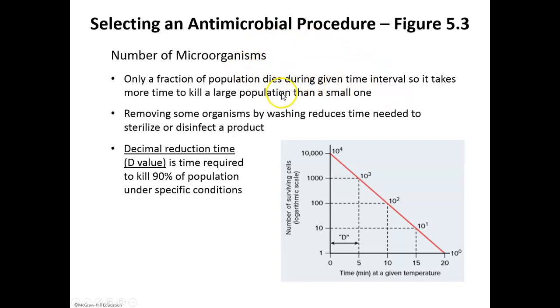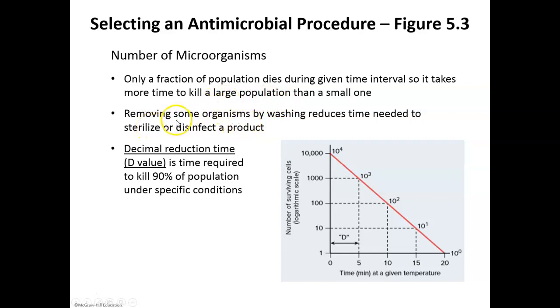So when we're looking at the types of microbes, we also have to look at how many microbes are in the environment. So anytime you're using an antimicrobial procedure, you're only going to kill a certain number of microbes per period of time.